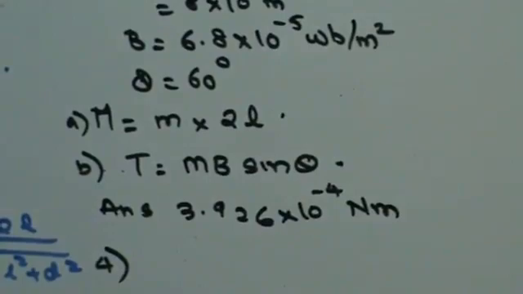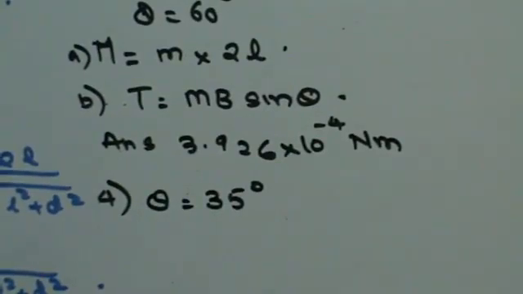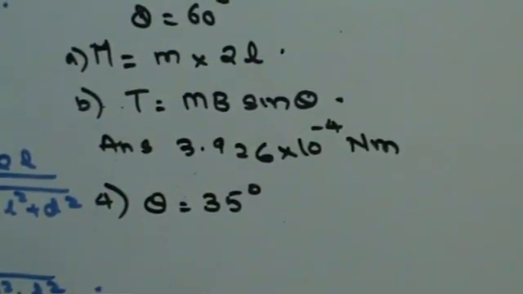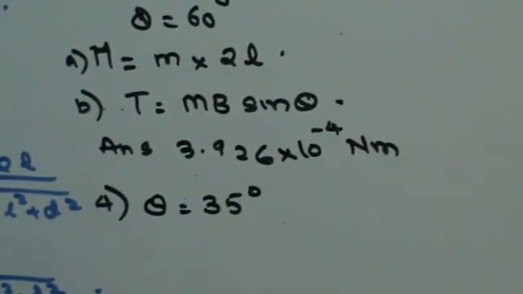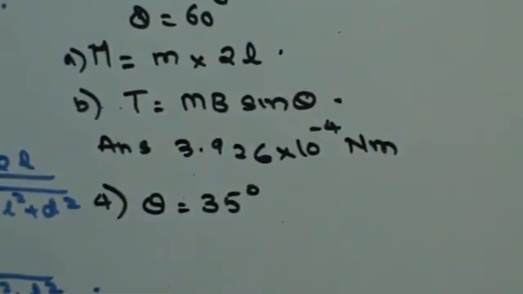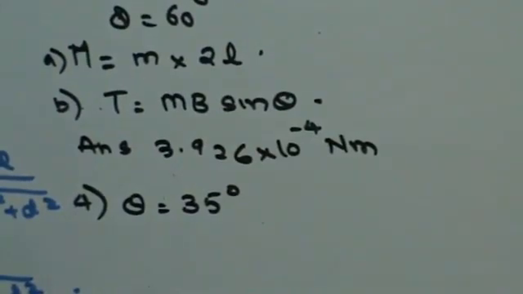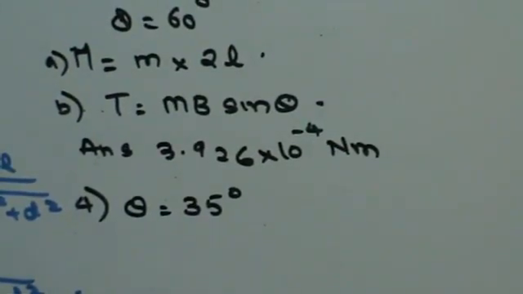A magnetic needle rotates through an angle of 35 degrees when a horizontal eastward magnetic field is applied.